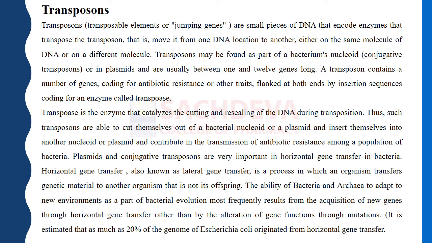Thus, such transposons are able to cut themselves out of a bacterial nucleoid or a plasmid and insert themselves into another nucleoid or a plasmid, and contribute to the transmission of antibiotic resistance among a population of bacteria. Plasmids and conjugative transposons are very important in horizontal gene transfer in bacteria.